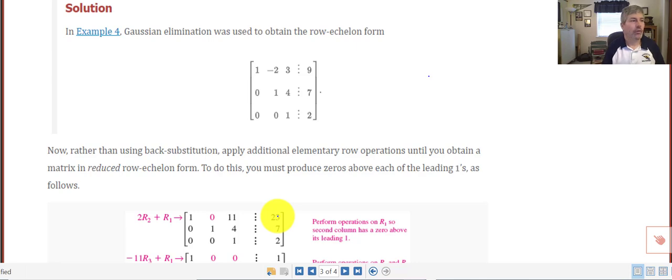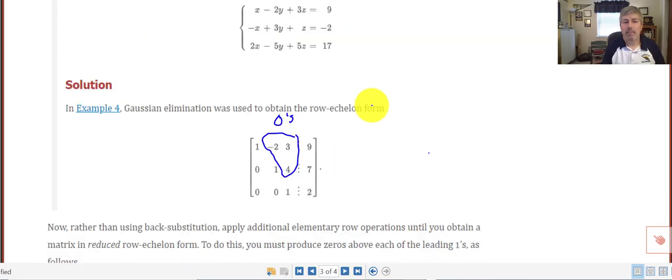So what we want to do is turn all these entries into zeros. If those become zeros, then we're in reduced row echelon form, and it's super easy to find the solution of our system. We've kind of blown past Gaussian elimination here to obtain row echelon form.